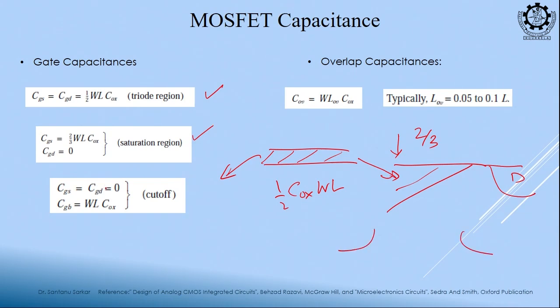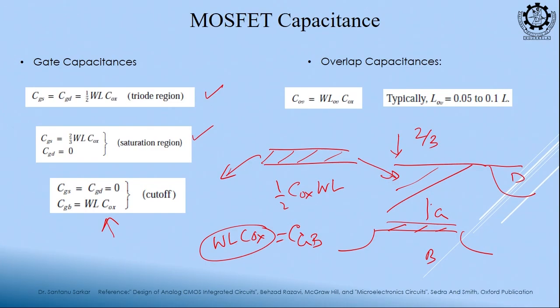So, my CGS and CGD are 0, but the gate to bulk capacitance is the total capacitance WLCOX. In triode region it is divided into CGS and CGD that way. When it is off, CGS and CGD are 0, but gate to bulk CGB is equal to WLCOX.